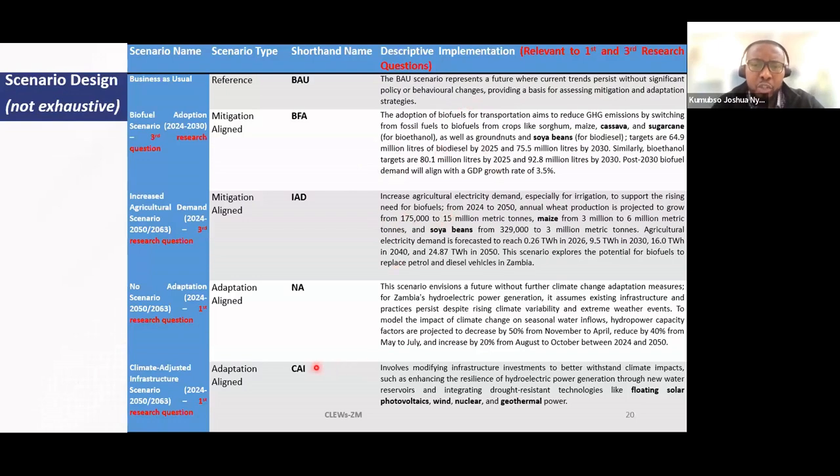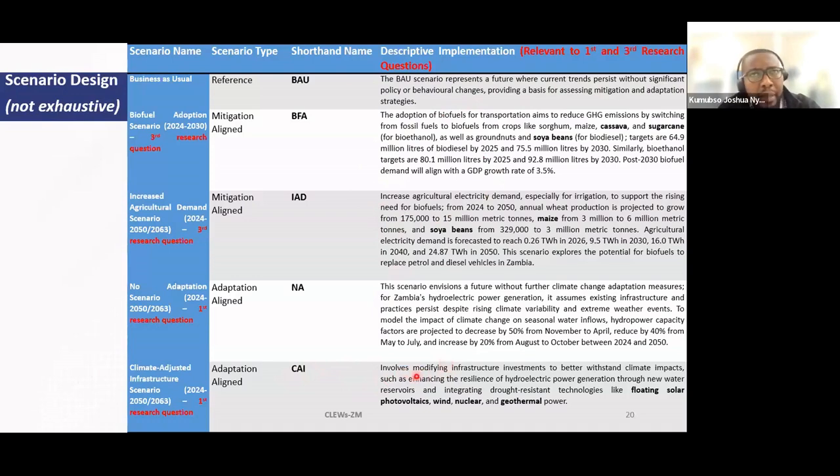Then I think I'll skip this. This is too much text. I'll go straight to the climate adjusted infrastructure. This involves modifying infrastructure investment to better understand climate impacts, such as enhancing the resilience of the hydropower generation through new water reservoirs and integrating drought resistance technologies like floating solar PV, wind, nuclear, and geothermal.